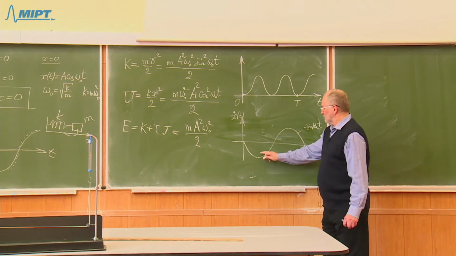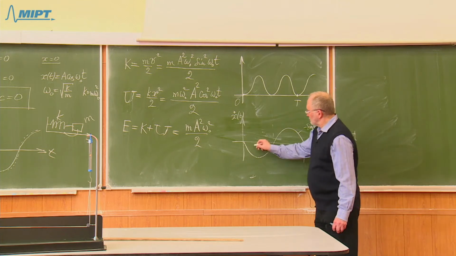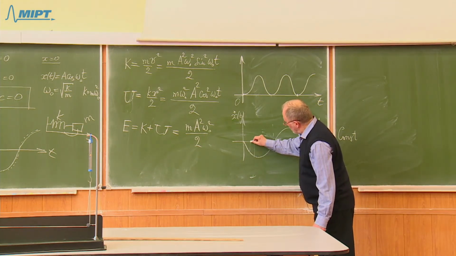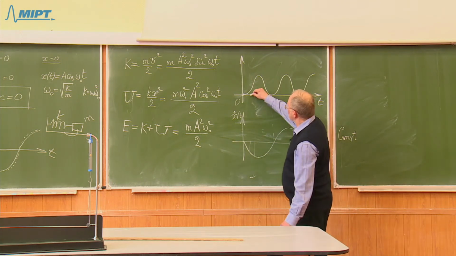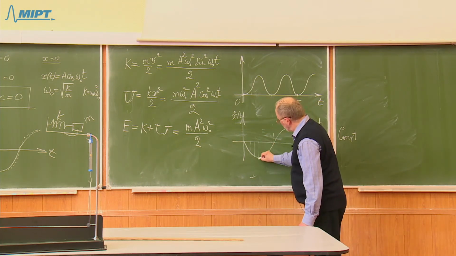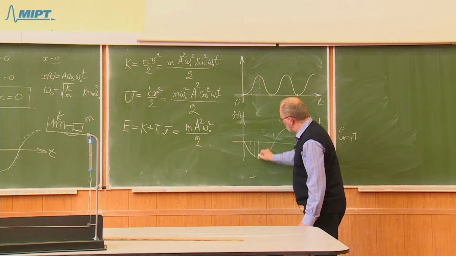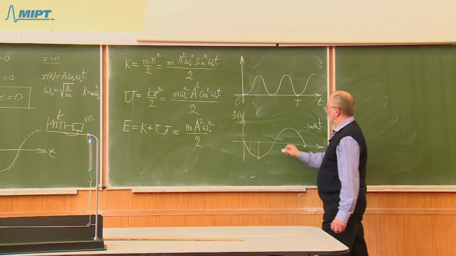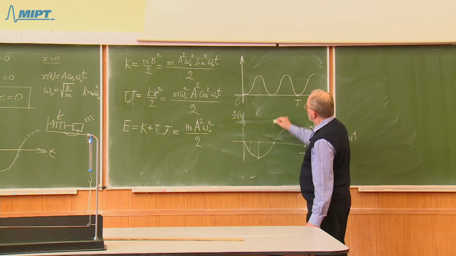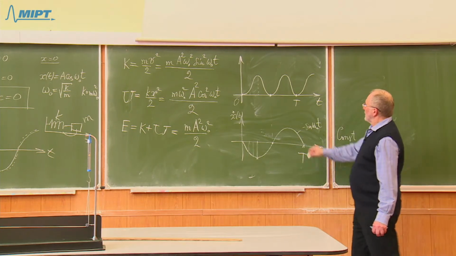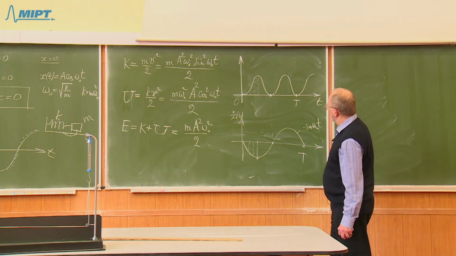And if you square this function, if you take a square of each such number, negative number squared will give you positive number, and this will be the maximum positive number here, which corresponds to 1/4 of a period. And then at this point, the energy, the square, will be again 0, and at this point 0.